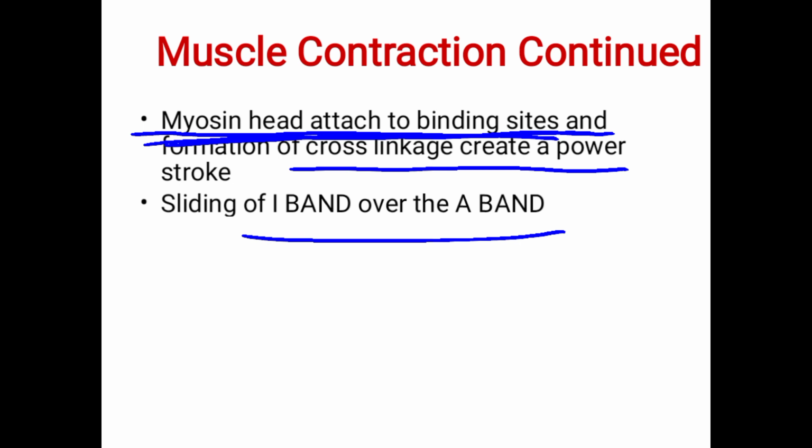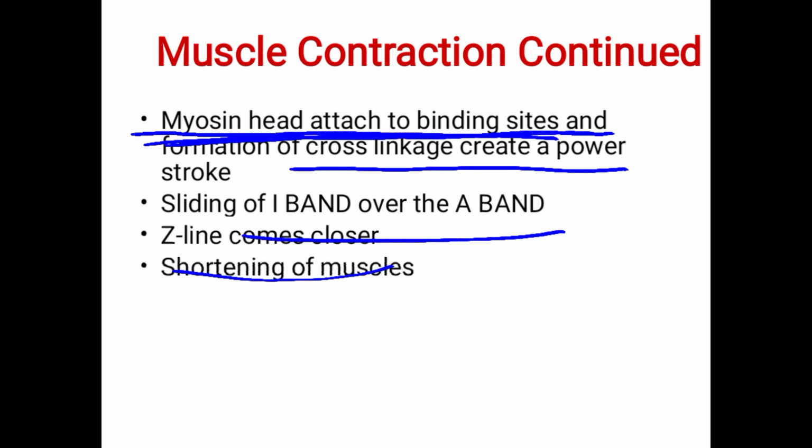The Z lines will come closer, which causes shortening of the muscle. Muscle contraction, the shortening of the muscle, is the response. Understood? So these things you have to write. This is a 10 marks question: excitation contraction coupling.